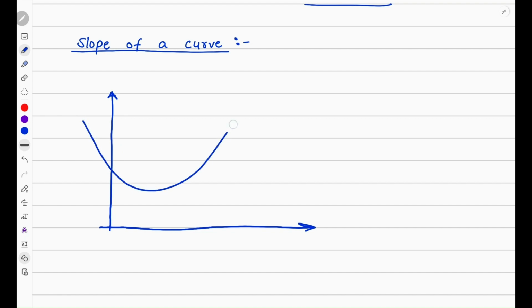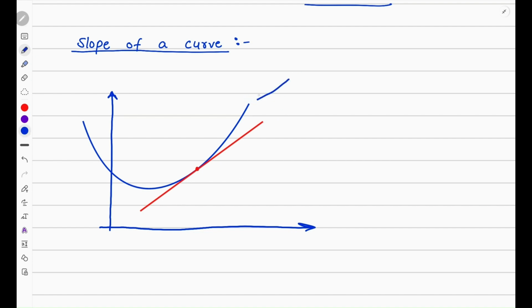Basically, if we have a curve, and at a particular point we want to measure the slope, we draw a tangent to the point. Let's say this is the point and we draw a tangent.